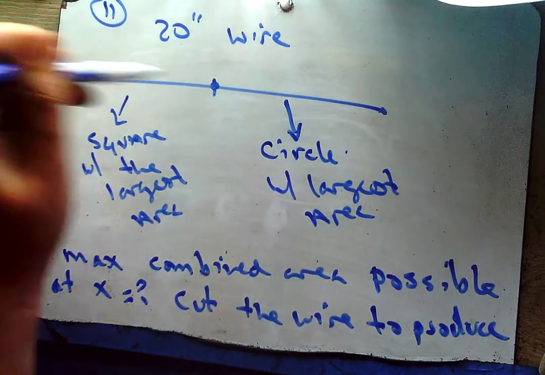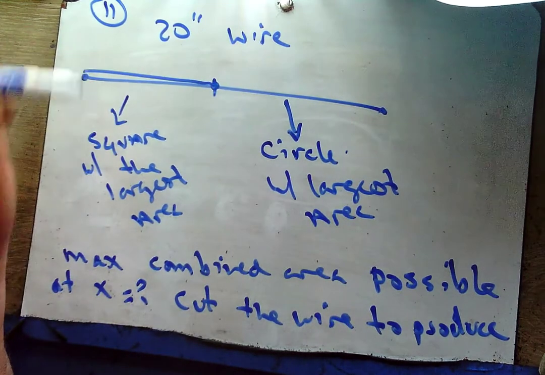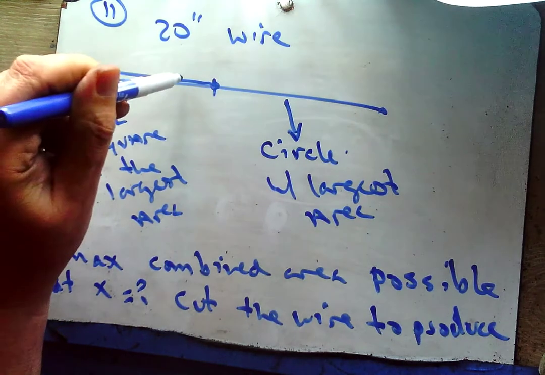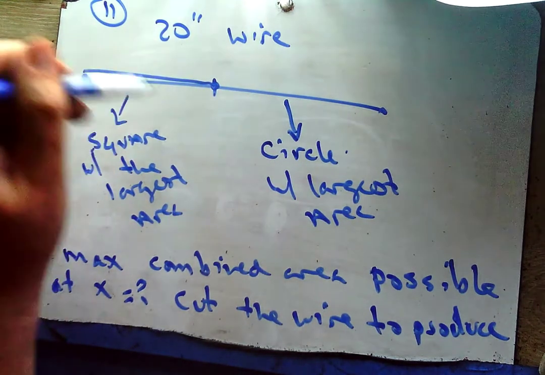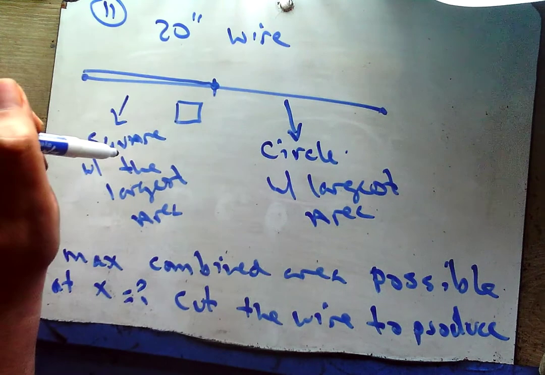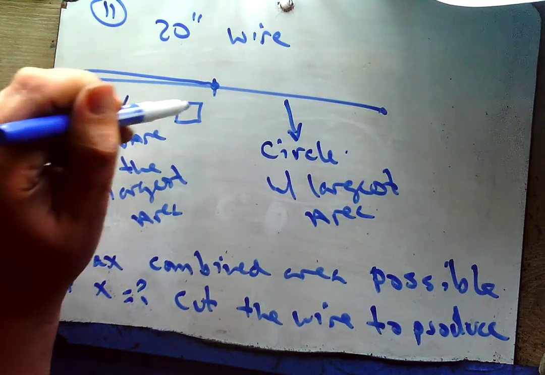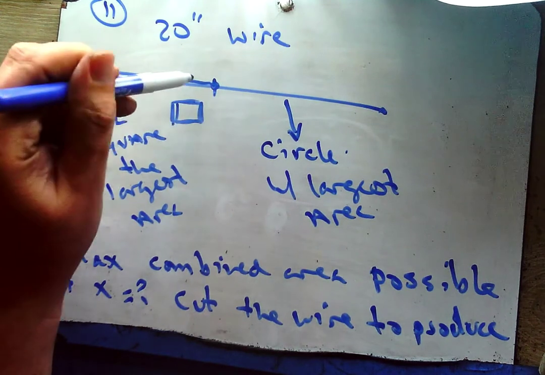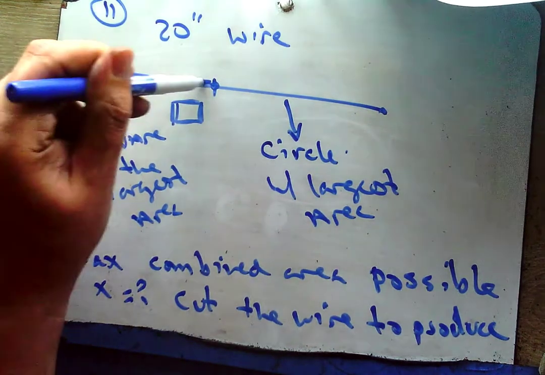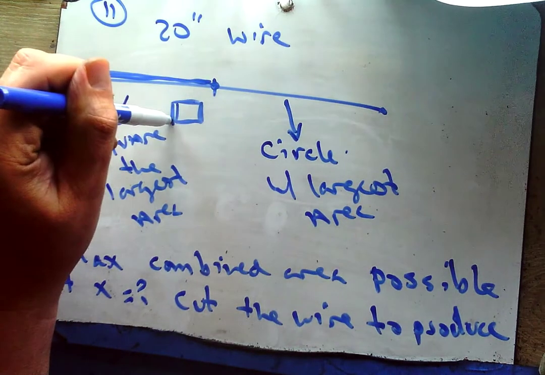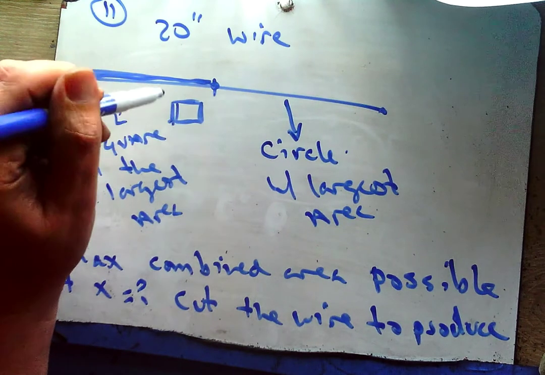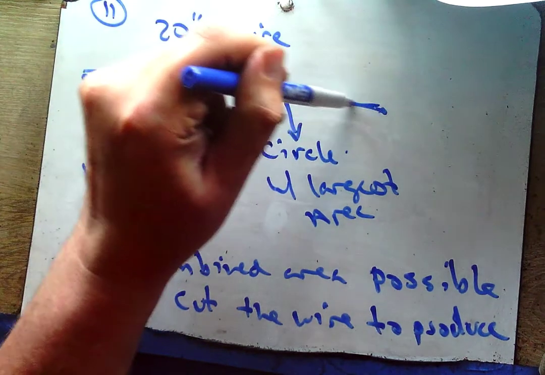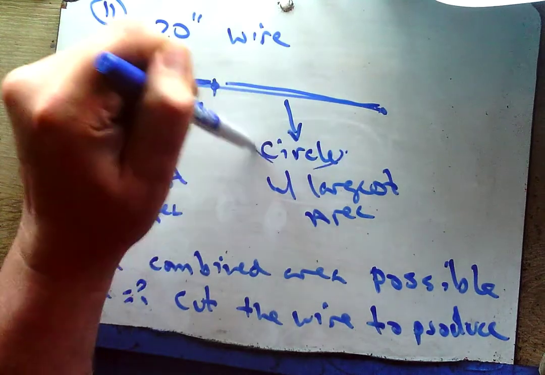So I want to take this piece of wire and turn it into a square. That means I have to turn this into this, this, this, and this. So this is the perimeter of the square. And this then is going to be fashioned into a circle.